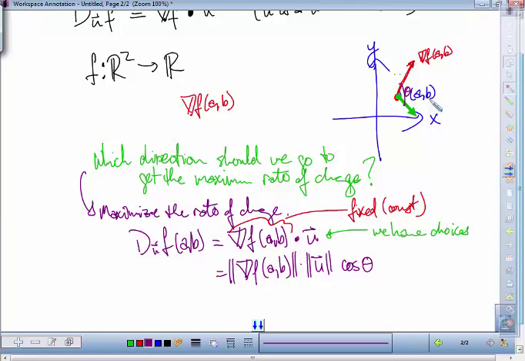Okay? Now remember, we're flexible with u. We want to change u around so that we have the maximum possible value here. What can you tell me about the magnitude of the gradient evaluated at (a, b)?